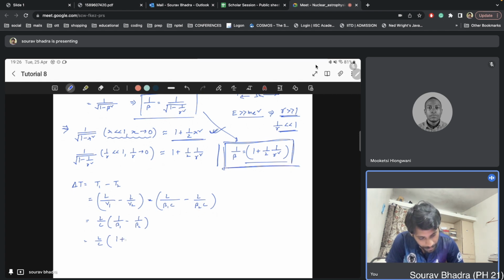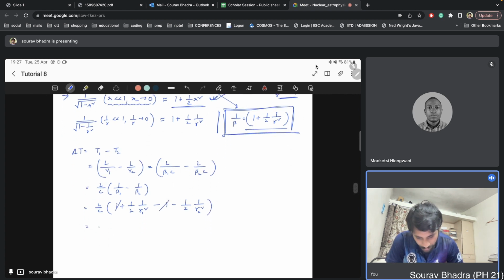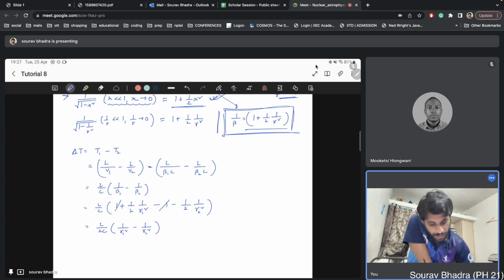That means 1 plus half 1 by gamma 1 square for particle 1, minus 1 plus half 1 by gamma 2 square. The 1 and 1 cancel out, so it will be L by 2c times 1 by gamma 1 square minus 1 by gamma 2 square, right? It will be like this.